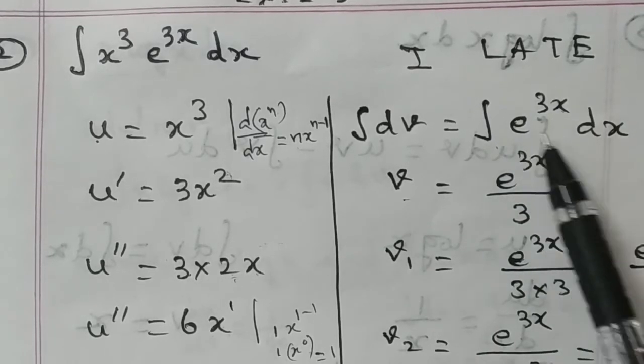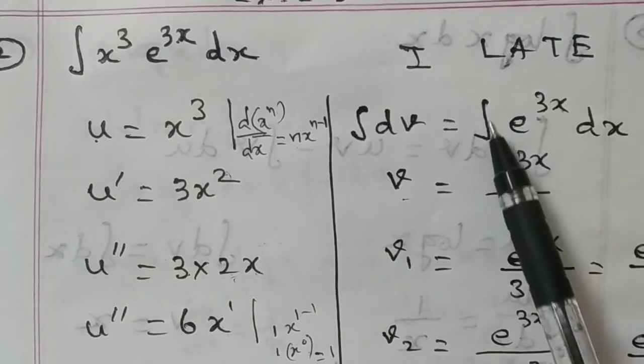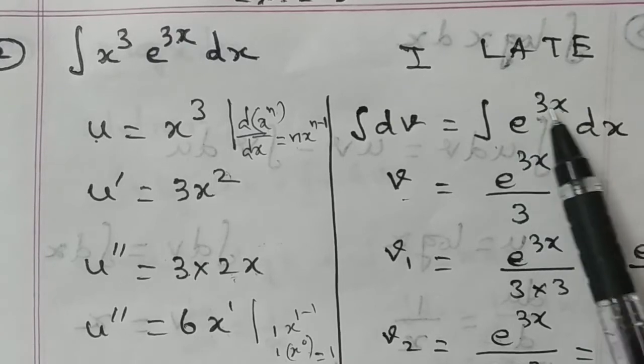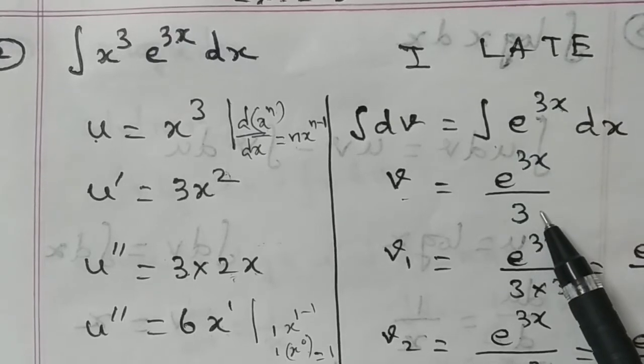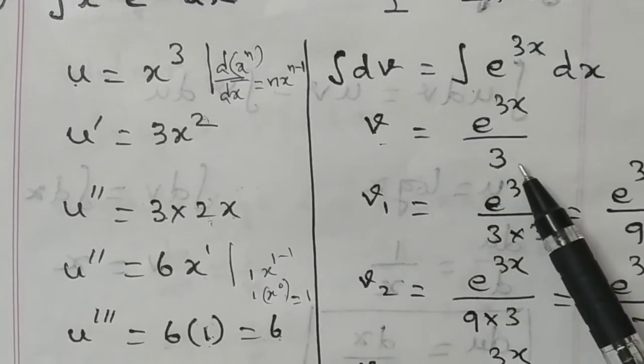What is the integral formula? The integral of e power 3x is e power 3x divided by 3, since the coefficient of x is 3. Now once again integrate the given function.